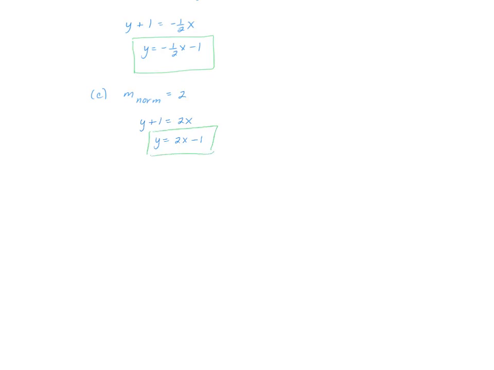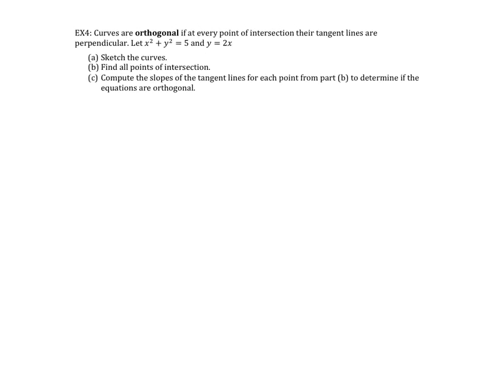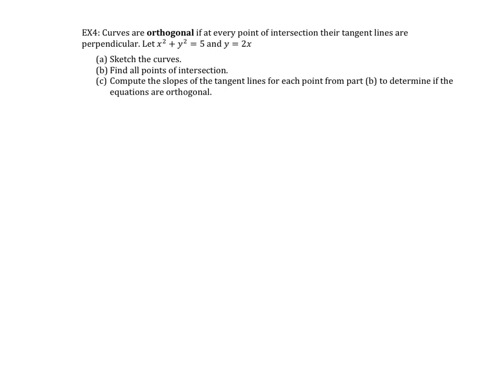So this idea of normal lines, or lines that are perpendicular to tangent lines, is going to come up in this last example for this section. We're going to talk about what it means for curves to be orthogonal. Curves are orthogonal if at every point of intersection, their tangent lines are perpendicular.